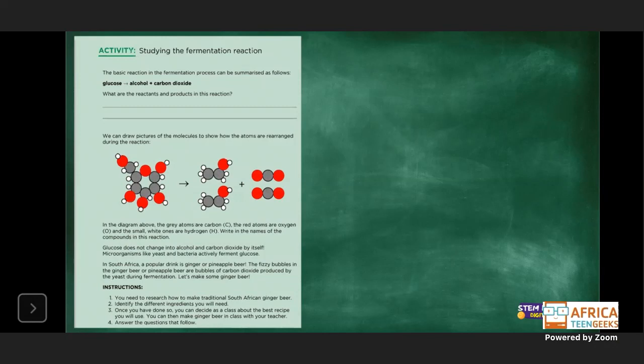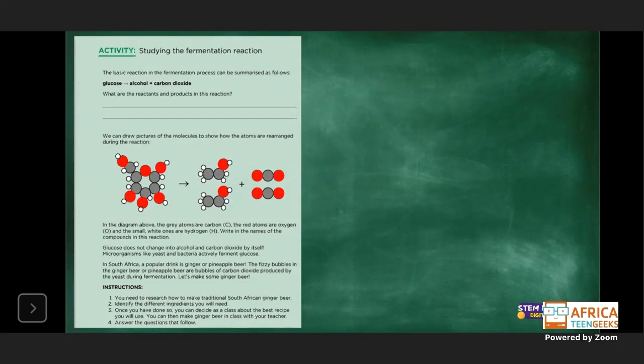As we said, our reactant is glucose and our products are the alcohol and the carbon dioxide. Let us continue with the activity. It says we can draw pictures of the molecules to show how the atoms are rearranged during the reaction. On the left-hand side, we have the glucose molecule, and on the right-hand side of the arrow, we have our alcohol as well as our carbon dioxide molecule.